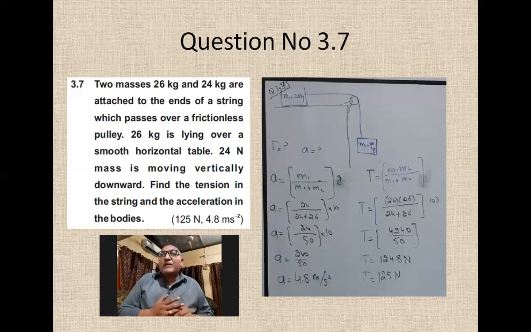And you should remember the formula of tension and acceleration for 2 bodies where one of them is moving horizontally and one of them is moving vertically. If you remember the formulas, then it's a piece of cake. So there are 4 questions, 2 as examples in your book, and 2 in this exercise, 3.6 and 3.7, and they are very famous and they come in the paper.